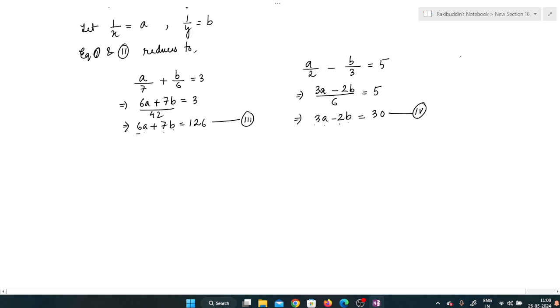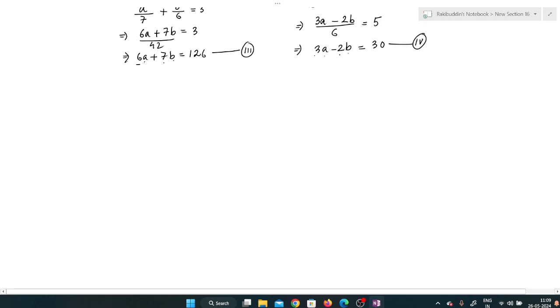So I will try to avoid the substitution method. Instead I will go for either elimination, because in elimination also we can make the coefficients the same, or I will go for the cross multiplication method. We have learned the elimination method, let us learn the cross multiplication method now.